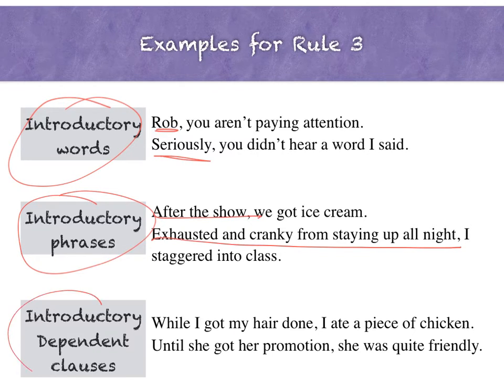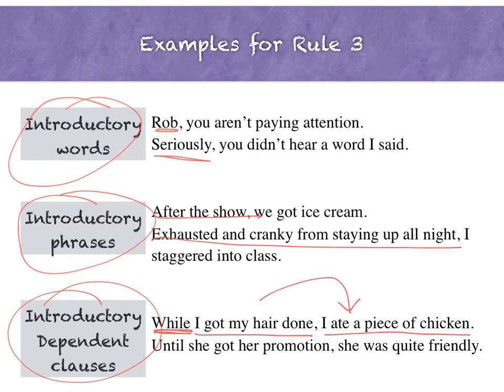And then we have introductory dependent clauses. Now these are different because these are actually dependent clauses. "While" is a subordinating conjunction, which makes this full sentence, "I got my hair done," subordinate to the independent clause, "I ate a piece of chicken." "While I got my hair done, I ate a piece of chicken."